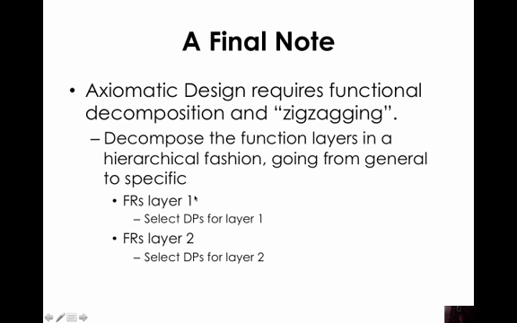So where we had that hierarchical functional decomposition, layer by layer by layer, the ideal way to do that is specify all your design parameters for one layer at a time and go back and forth until you get to the level of detail where you're down to the very specifics of the design. And that's called zigzagging, and it's an important part of the axiomatic design procedures.